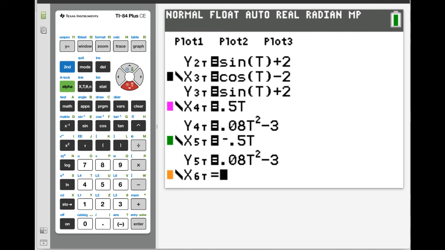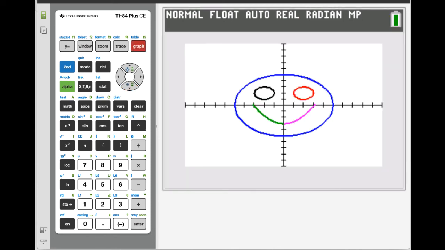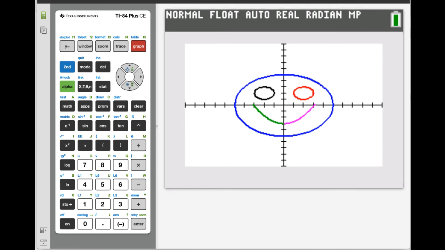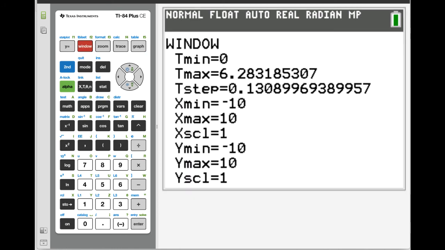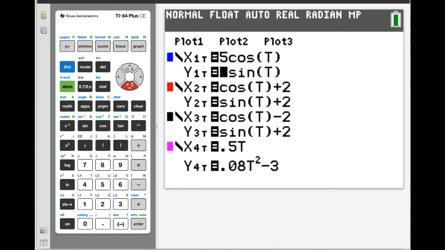So I had to play around with the coefficients, the vertical shifting of those coefficients, and then I subtracted 3 to move them down. Because I was doing x equals 0.5t and the window was 0 to 2 pi, I wasn't getting any negative x values, so I just went ahead and did it this way.